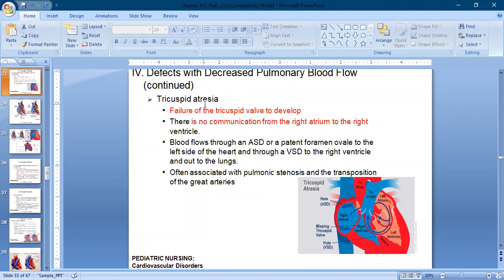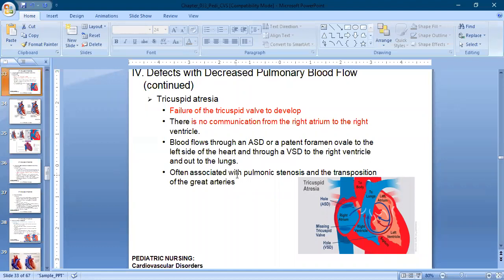The key point of tricuspid atresia is failure of the tricuspid valve to develop. There is no communication between the right atrium and right ventricle, right? Blood flows through an ASD or patent foramen ovale, and it is often associated with pulmonary stenosis or transposition of the great arteries.